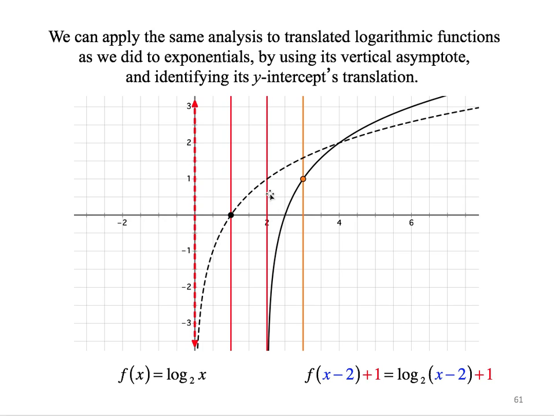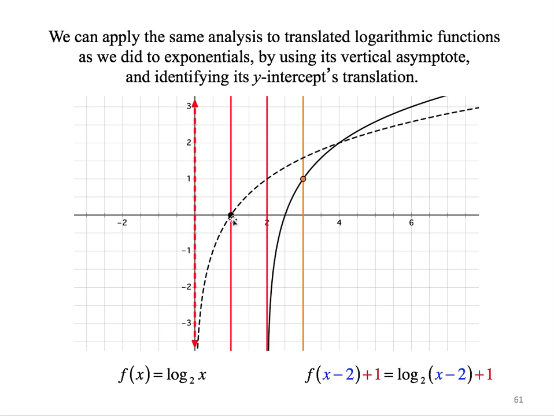Then we can see here our translated function has a vertical asymptote at 2. And if we draw a vertical line 1 unit to the right of it, then that line intersects the translated function at this point, which was the x-intercept, but it got shifted.